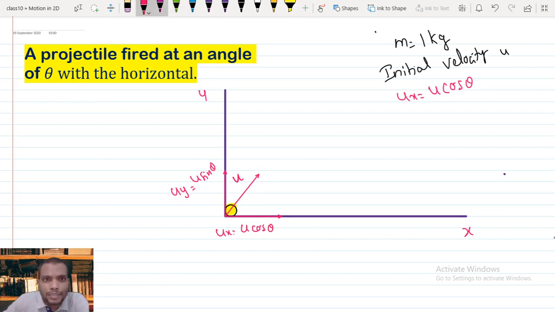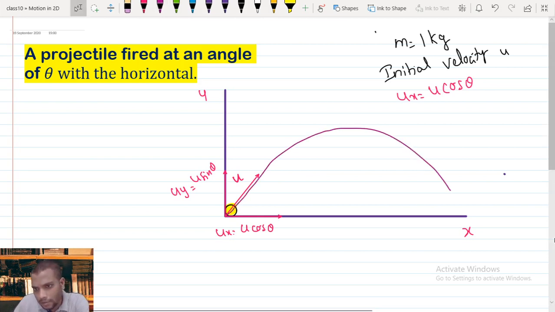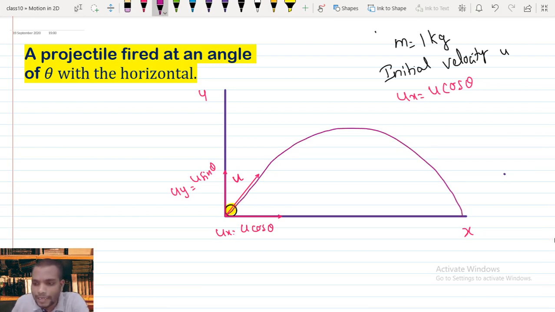Suppose this ball takes a parabolic path. In projectile motion, let this be its parabolic path. Now let me take a point P here. This point P is at x comma y.